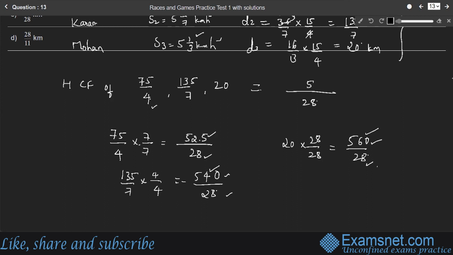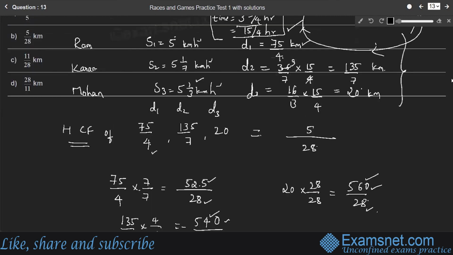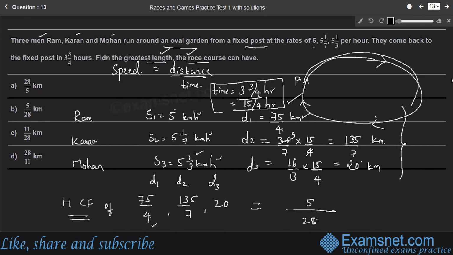Only 5 is the highest common factor of all the three numerators. Therefore, 5 by 28 is the highest common factor of the three distances D1, D2 and D3. Therefore, the greatest length the race course can have is 5 by 28 kilometer. Therefore, option B is the right answer, 5 by 28.